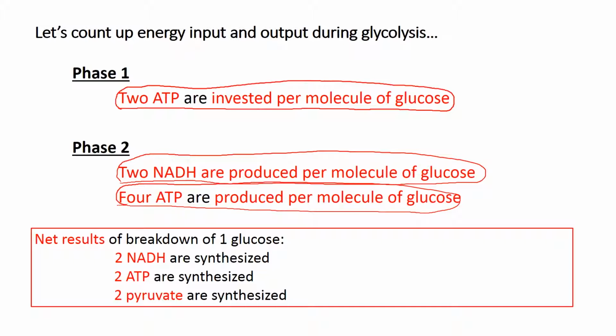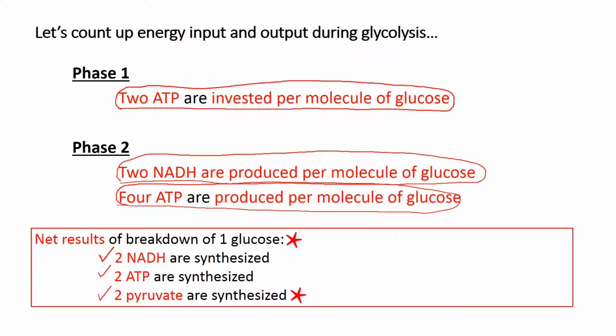So adding all this up, the results show that during the breakdown of 1 molecule of glucose to 2 molecules of pyruvate, a net of 2 NADHs and 2 ATPs are synthesized.